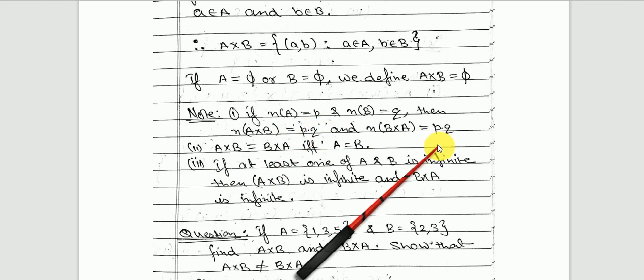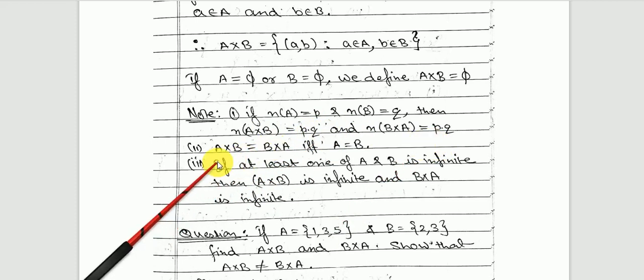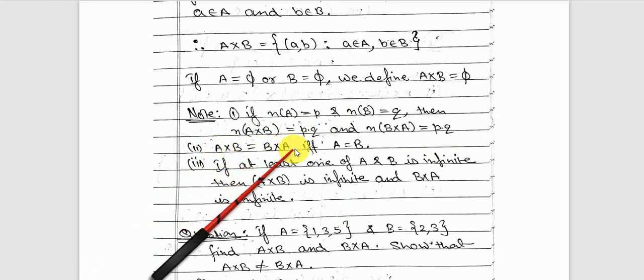Next, the Cartesian product A cross B will be equal to B cross A if and only if A is equal to B.